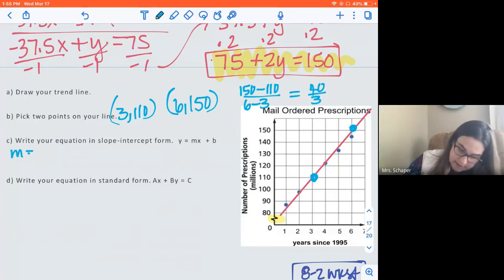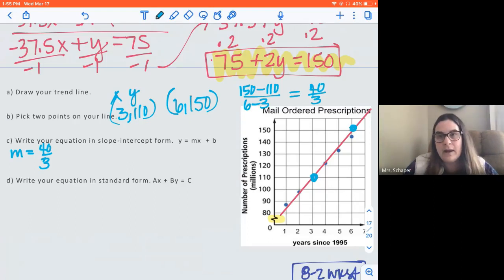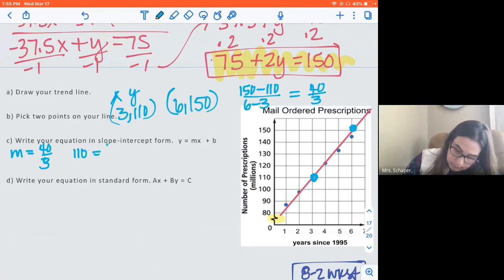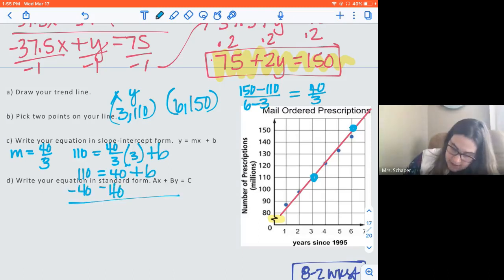So if my m is 40 thirds, I take one of my ordered pairs and I solve for b. 110 is equal to 40 thirds times 3 plus b. 110 is equal to 40 plus b. Subtract 40 from both sides, so 70 equals b.